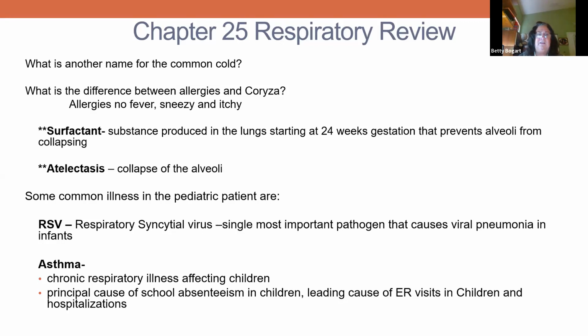Now, surfactant is something that is formed in a baby during pregnancy, about the 24th week. Actually, it's the 34th week is when it starts putting surfactant in there. Now, we know the lungs are breathing by 24 weeks, yes, and they're trying to get there, but they'll collapse without this surfactant.